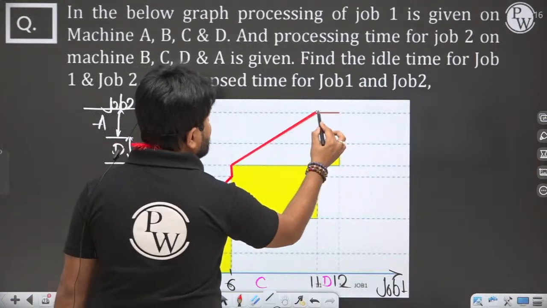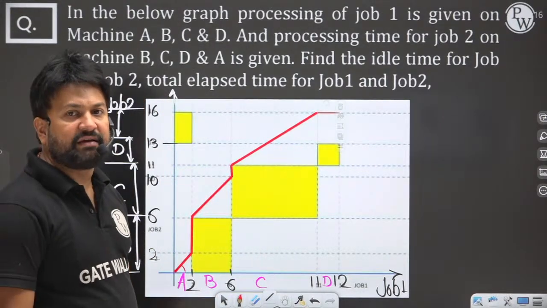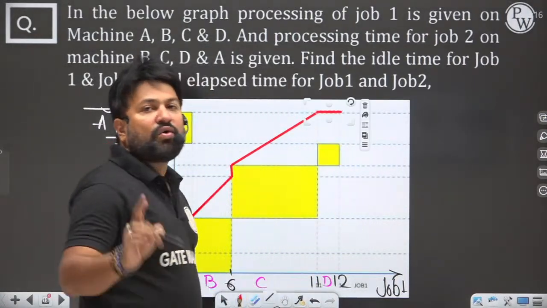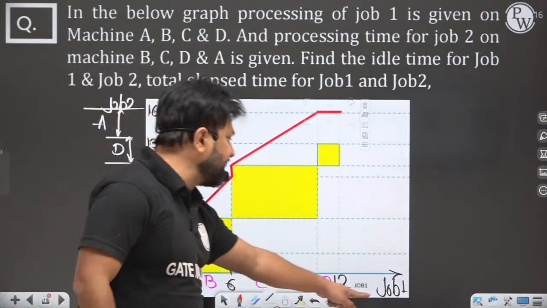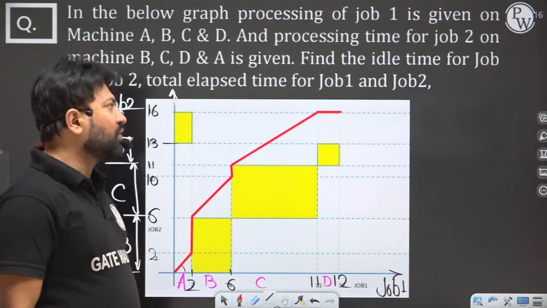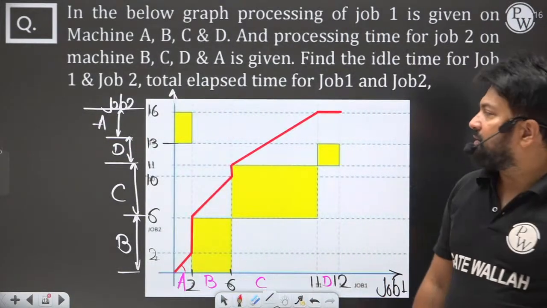Again this inclined line shows that both are processing. Here this horizontal line shows that only job 1 is processing, not job 2.